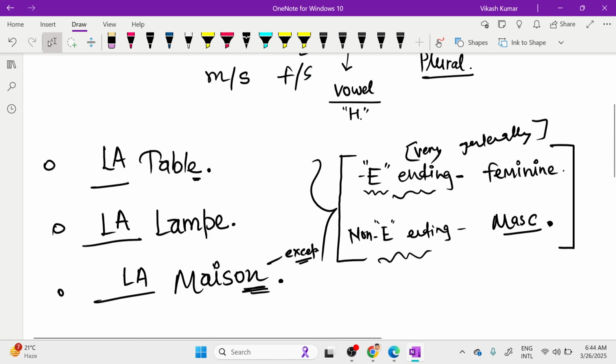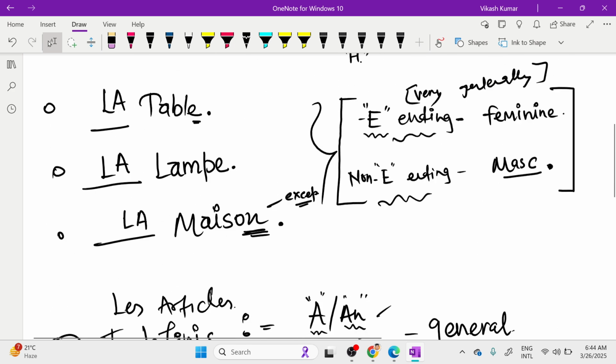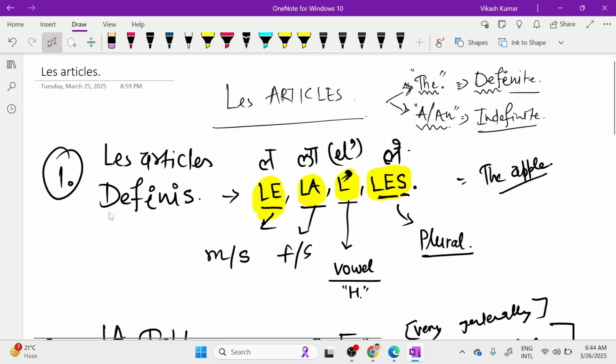But when I say an apple, it becomes any one apple lying there, not being very specific. Definite articles are very specific to the thing that is already known to the speaker, the listener, or the reader.